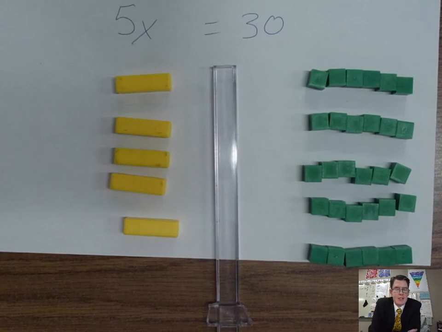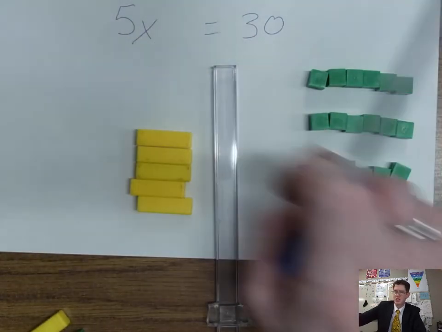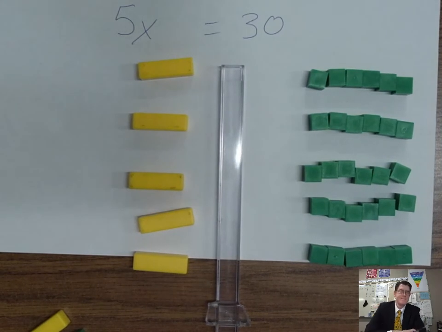Just another quick, easy way to pictorially show what an equation means. And what does it mean about this variable? We're trying to figure out what this variable means. Well, it means that if 5 of these x's is 30 altogether, and they're all the exact same thing, then they're 6 each.